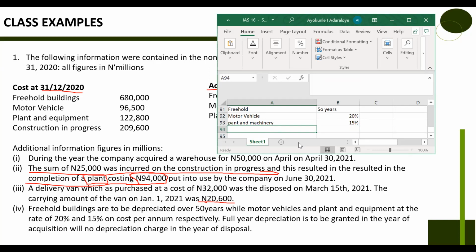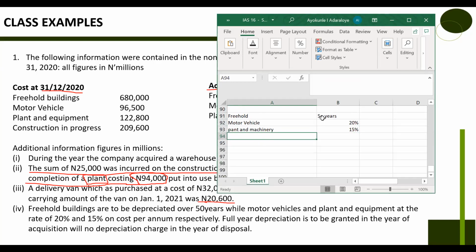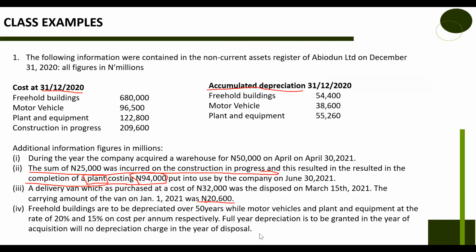Have I done anything that you don't know how to do here? No, sir. Okay, thank you. So this is the information we have. Full depreciation is to be granted in the year of acquisition with no depreciation in the year of disposal. This is common with what we usually get.